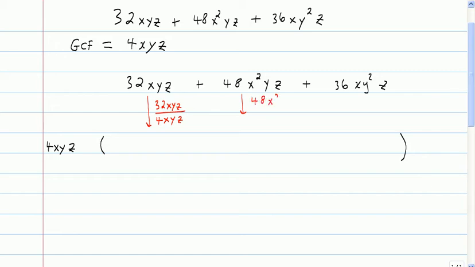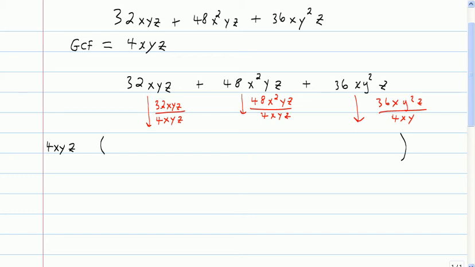But I think it's a good idea to do this if you're not sure how to determine what goes inside the parentheses. So I'm simply taking each of the terms of the original polynomial and dividing those by the GCF. And that's what goes inside the parentheses.